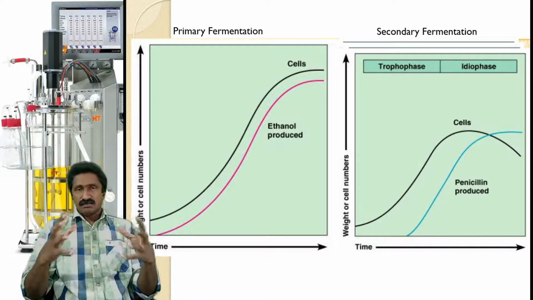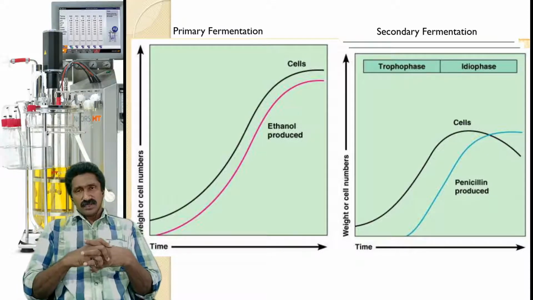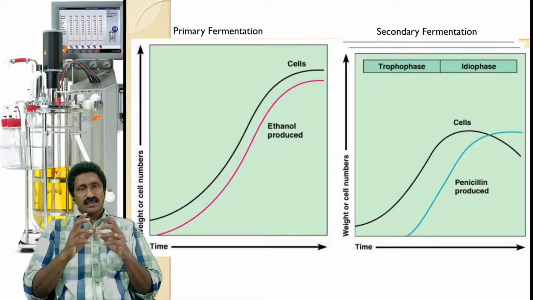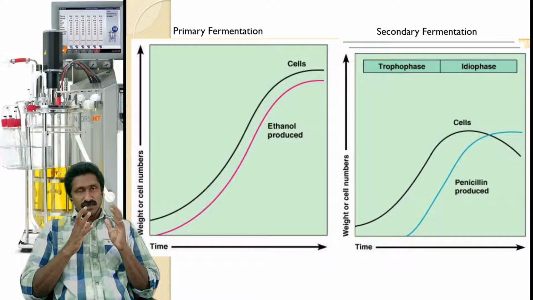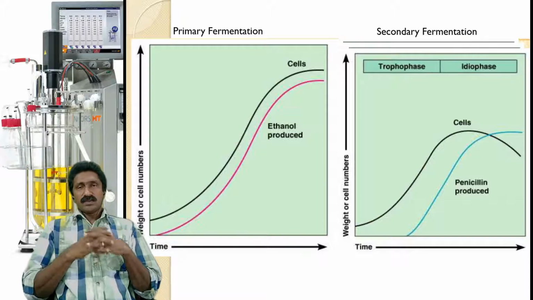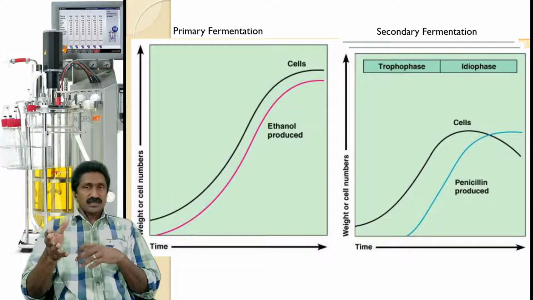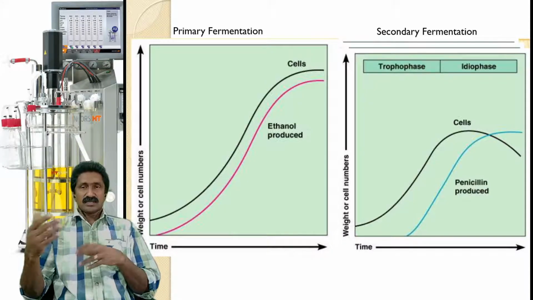This is the basic difference between primary and secondary metabolites. Primary metabolites are more essential for growth and maintenance of the cell, whereas secondary metabolites are not. They can be treated as a byproduct.